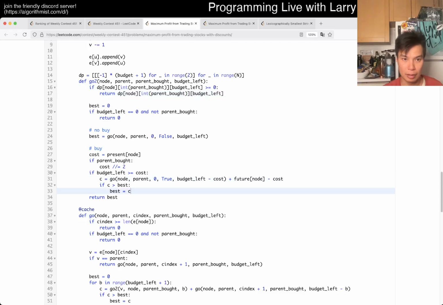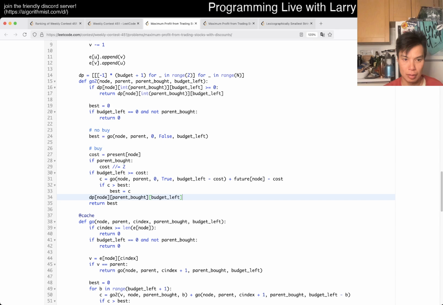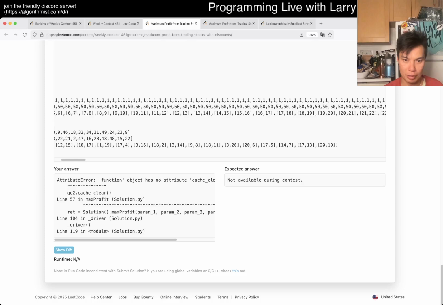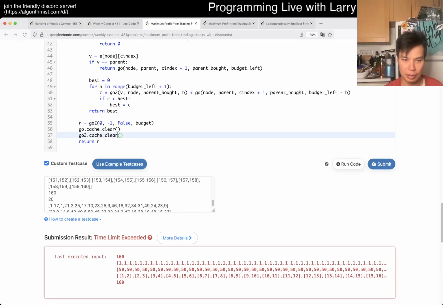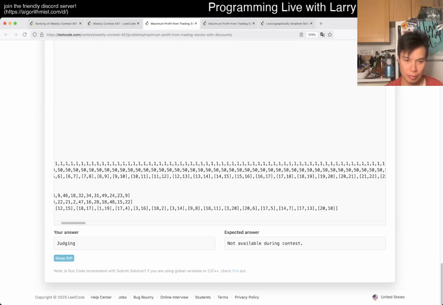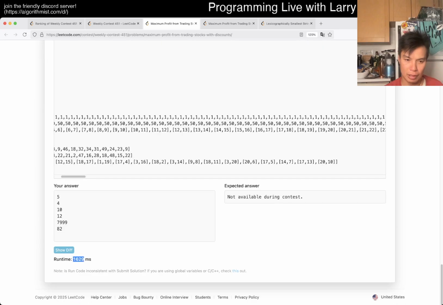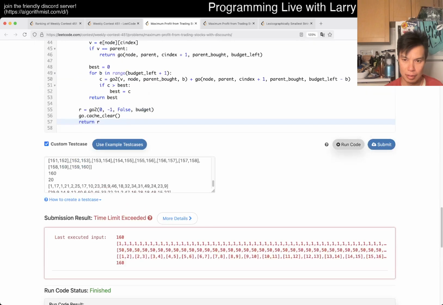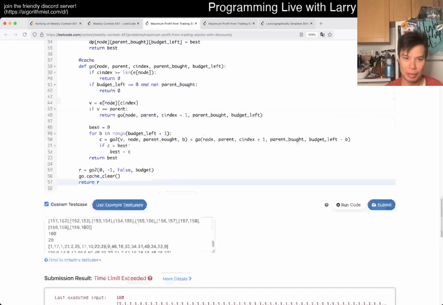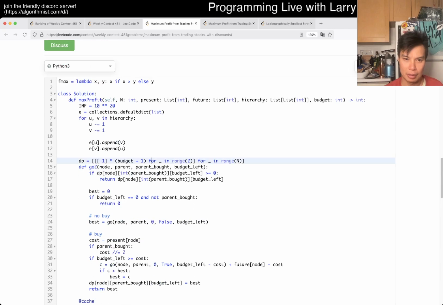And then yeah. Would that be faster? One-time error though. Cache clear, okay, that's fair. Yeah, it's still kind of slow. I don't know if it's just me. It's not drastic enough for me to be like, oh, that must be it.